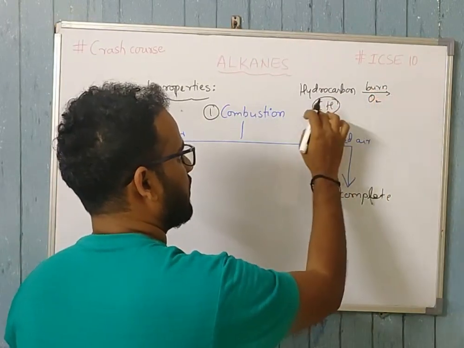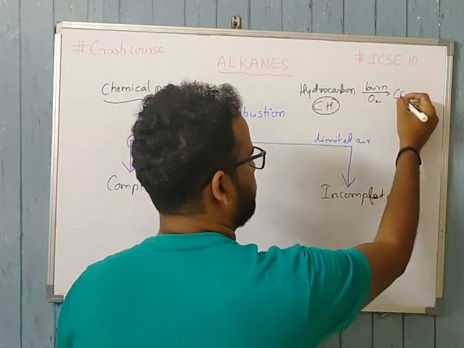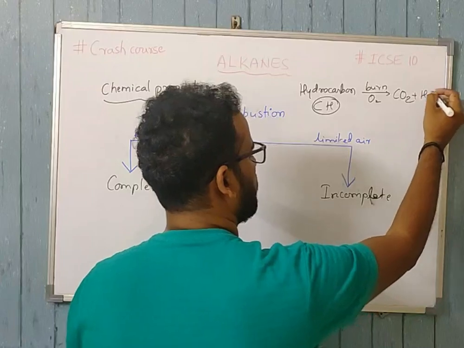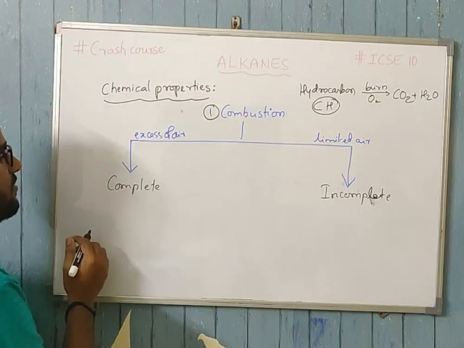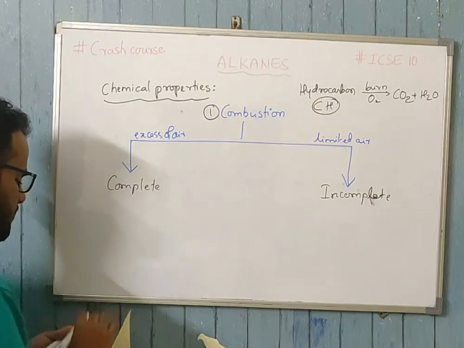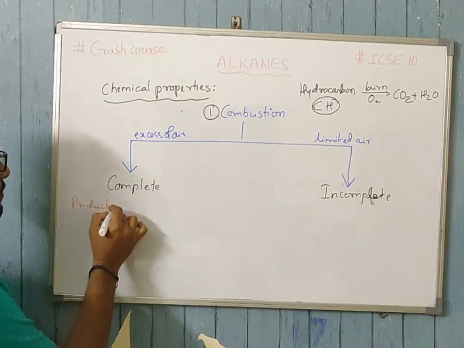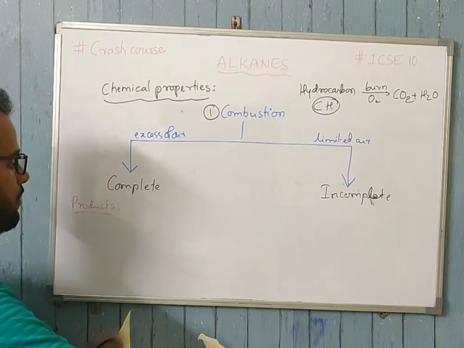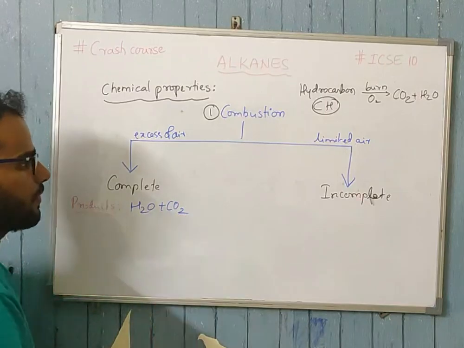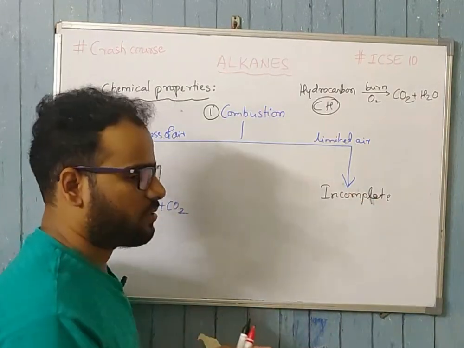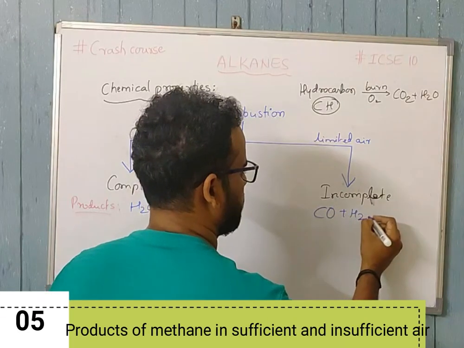Burning means carbon plus oxygen gives carbon dioxide, hydrogen plus oxygen gives water. So CO2 plus water is formed in case of complete combustion. The products are water and carbon dioxide. What about here? Incomplete combustion leads to the formation of carbon monoxide and water.